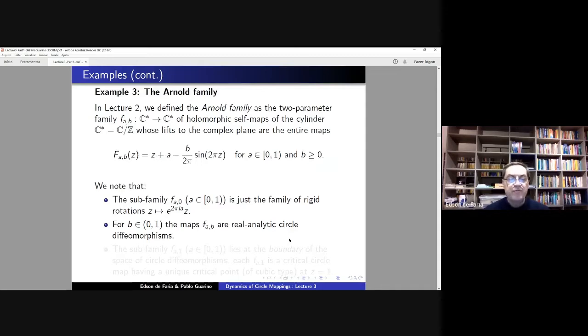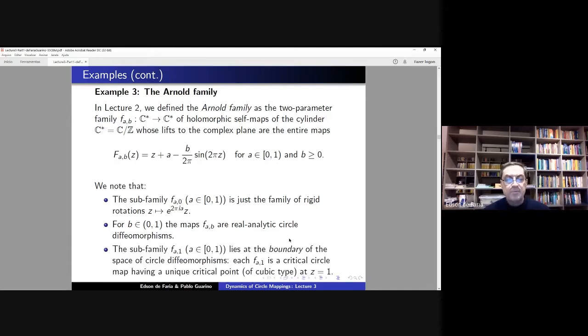And they are diffeomorphisms if b lies strictly between 0 and 1. Well, if b is equal to 0, you also have diffeomorphisms because you have rotations. But if b is strictly less than 1, you have a real analytic circle diffeomorphism. And by varying the parameter a, you can actually cover all possible rotation numbers in this family.